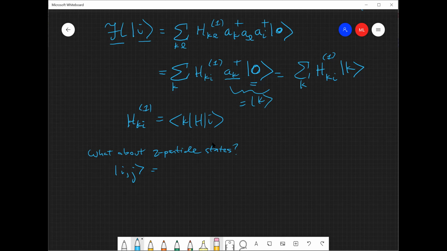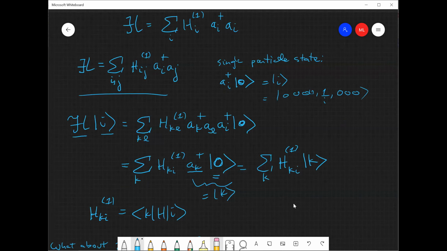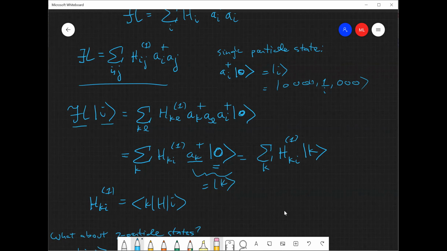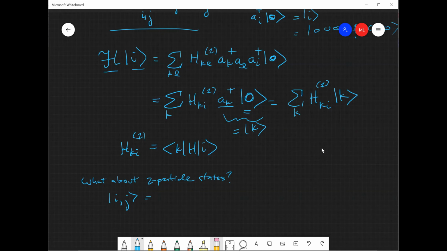So you can hop back and forth. But if you ever have a question about which ket represents what thing, you should just ask me, because it can get a little confusing. So okay, the two particle state is going to be a_I dagger, a_j dagger acting on state 0.